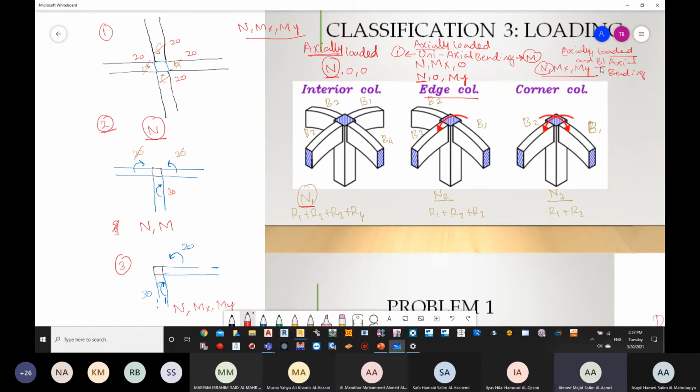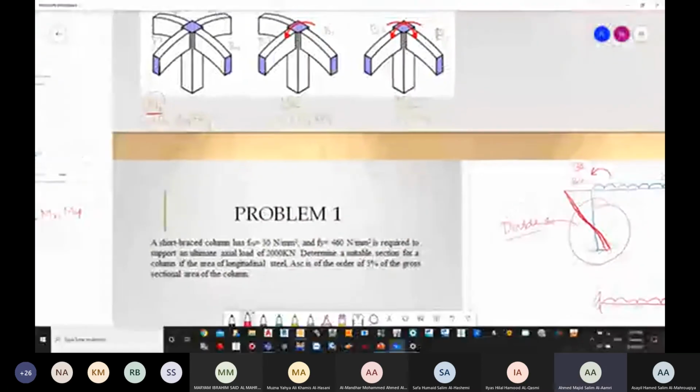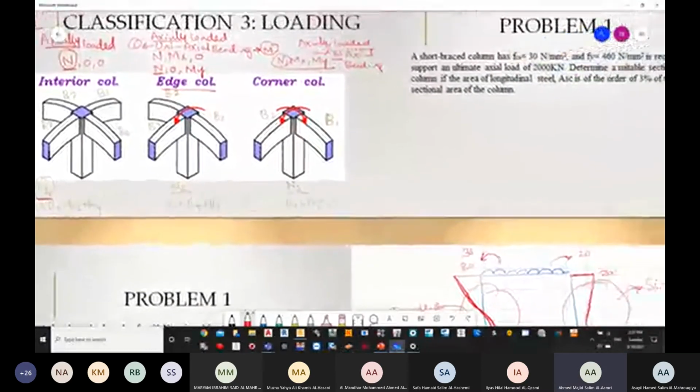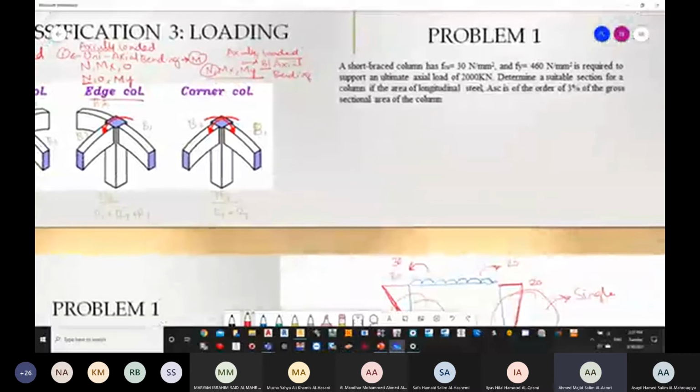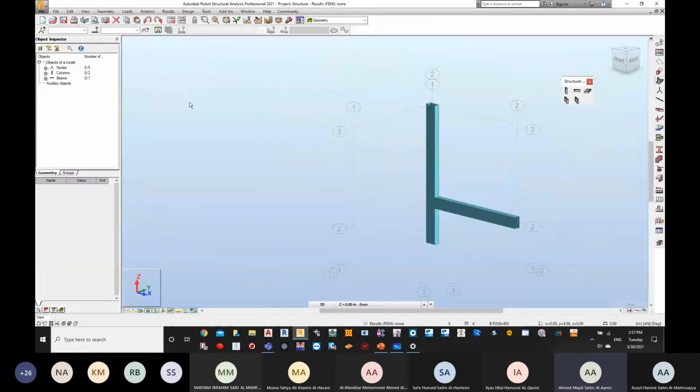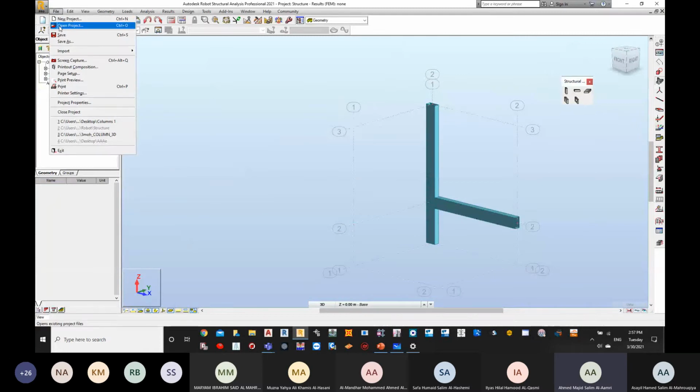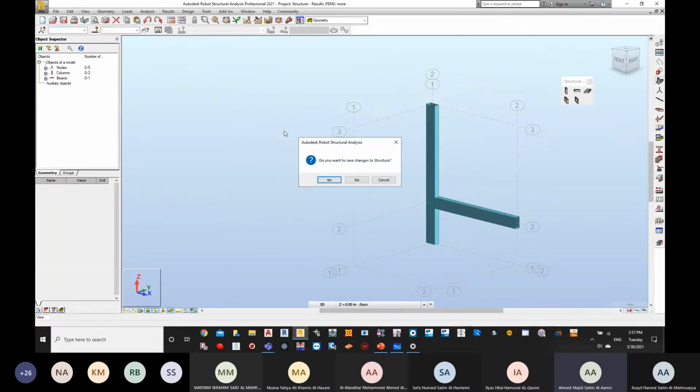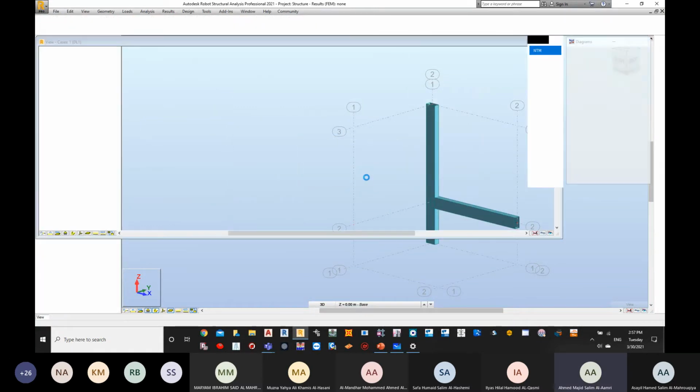Now, the last thing that we need to do is to start solving the problem. But before solving the problem, I want to highlight for you what is the moment of x and what is the moment of y. So let me try to open this illustration.